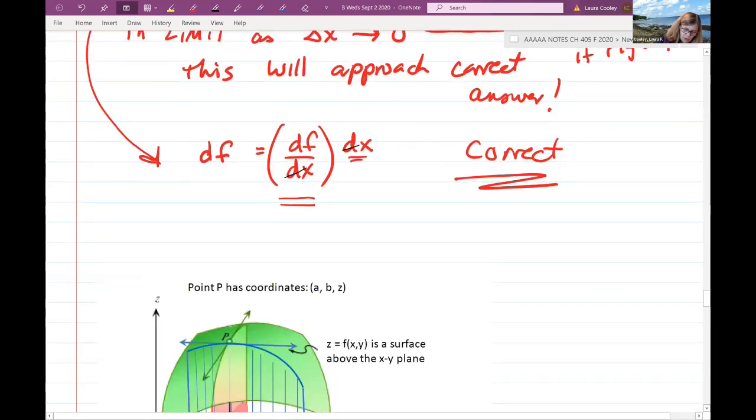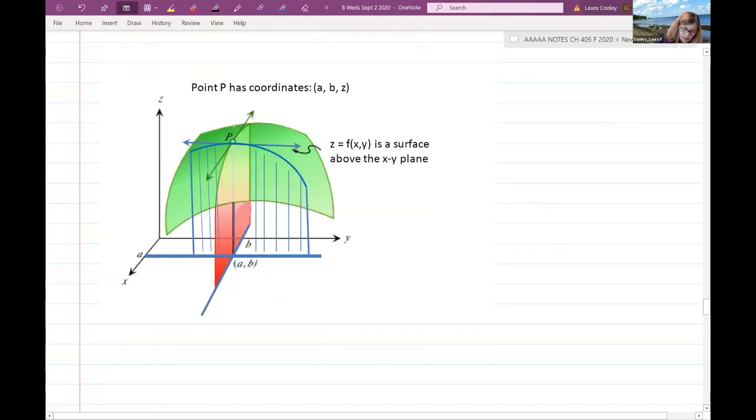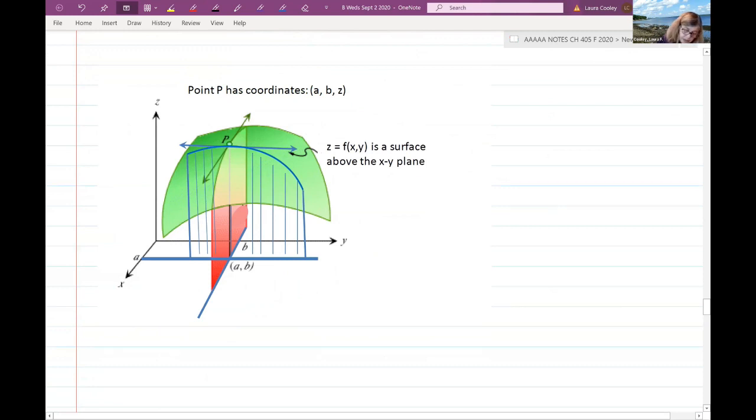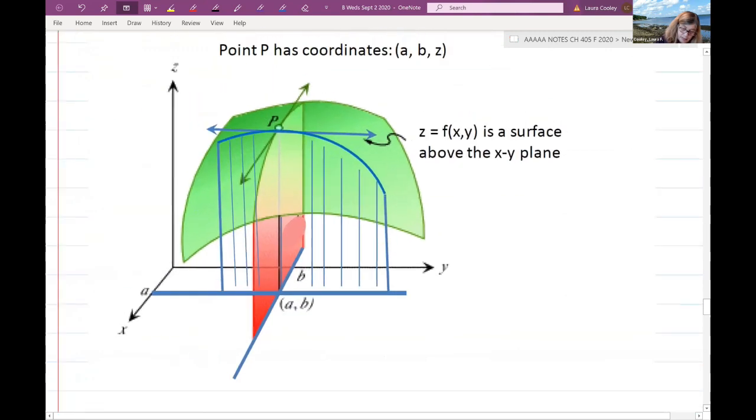Okay. All right. So how do we apply this to more than one variable? Okay, so here's our nice picture of the surface again. And so now, maybe we're going to change the value of x and the value of y. So here's the x-axis in this direction.